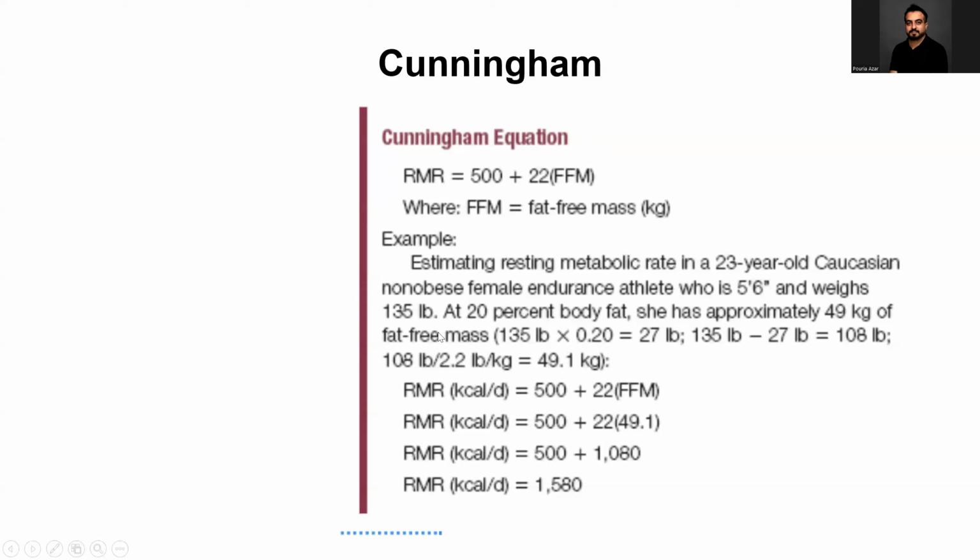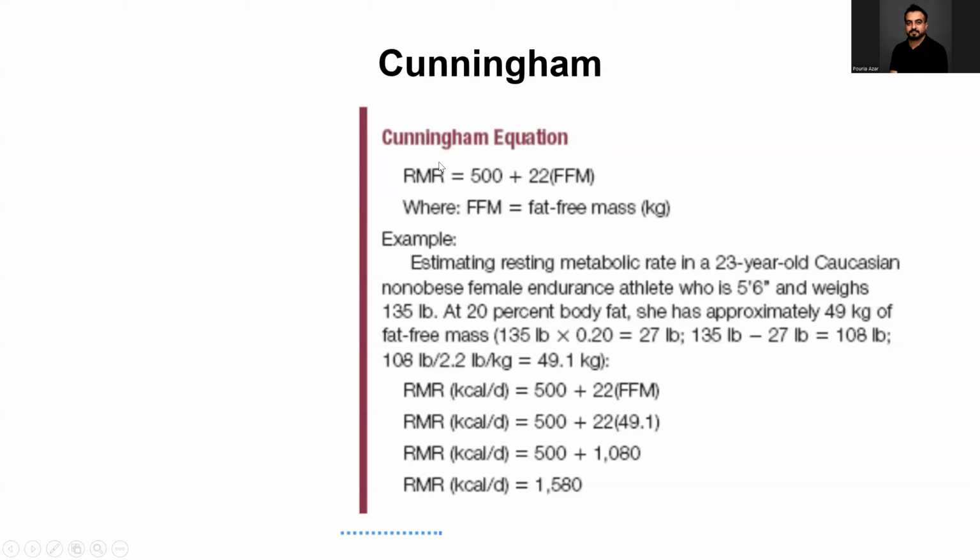In this example, they put the fat-free mass as kilogram, but I will show you there are other formulas that have the fat-free mass in percentage. So in this case, most of the time it's 22 by body weight in kilogram multiplied by fat-free mass percentage.